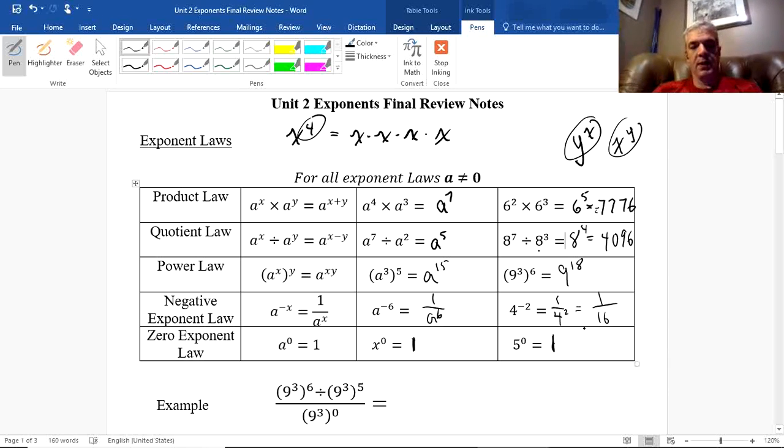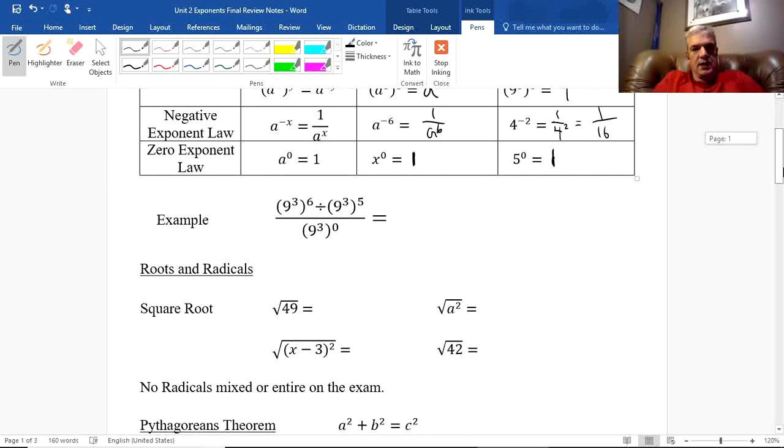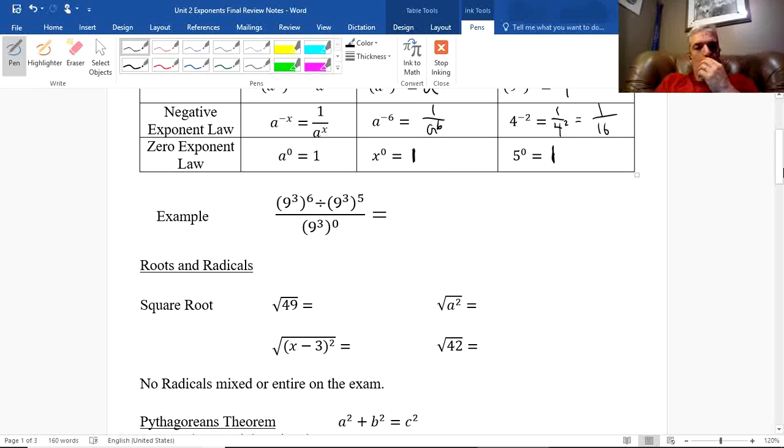Okay. Now, I thought I'd throw one little example in, because students always kind of get stuck on these things as we go. So here's an example that you might see on a test where you're asked to combine a number of these different things. And so let's look at each one separately. This is the power of a power law.